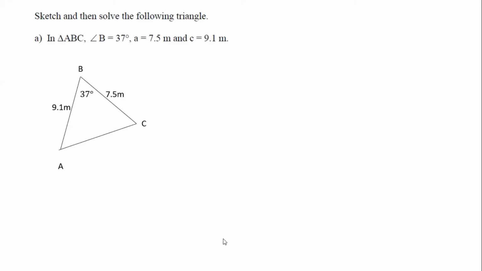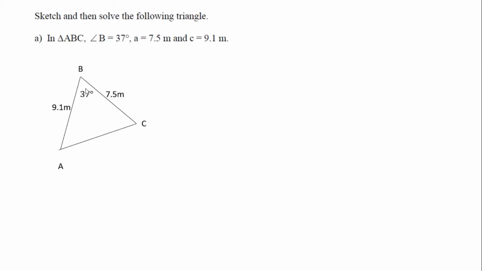So it says triangle ABC. I labeled each of these angles A, B, and C. Hopefully you can see my mouse. This is angle A, this is angle B, this is angle C. I use the big letters for the angles. And then it says that angle B is 37. So right beside the big B, a 37-degree angle right there.